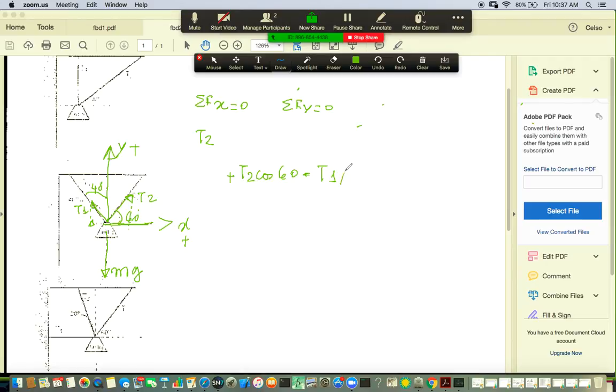Very good. Sine of what? 40. Good for you. So T2 cosine of 60 minus T1 sine of 40. That's it, right? mg is 0 in x. And then you have some way to relate T2 and T1.